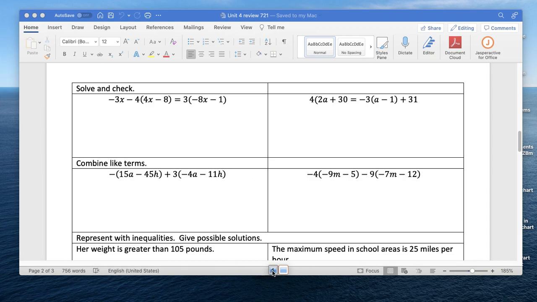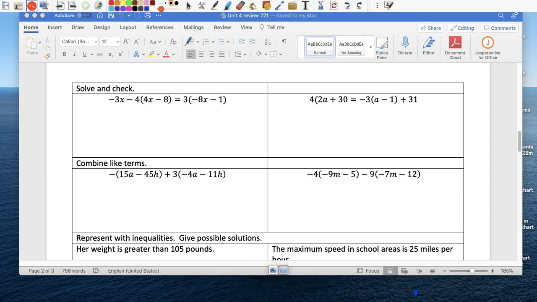Solve and check. All right, so this is the easy part. This is just, guys, this is really equations. Negative 3x. So let's be careful with our signs. So that can be negative 16x, and then it's positive 32 because we're multiplying two negatives. Negative 24x and negative 3, right?